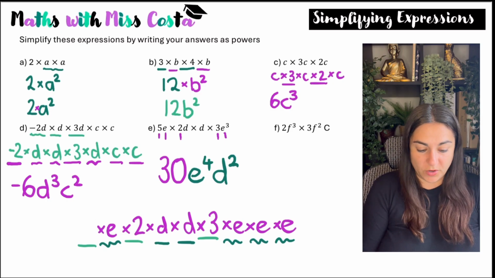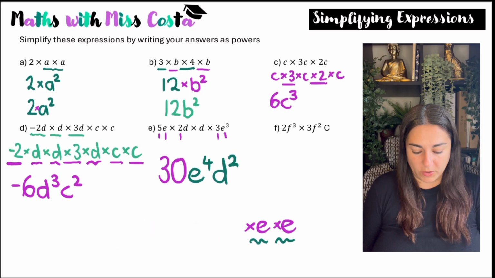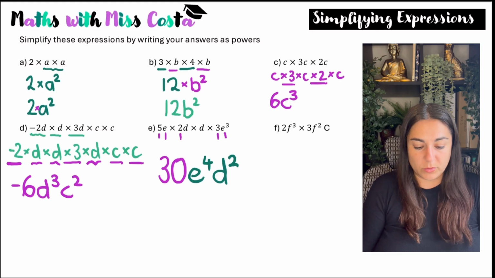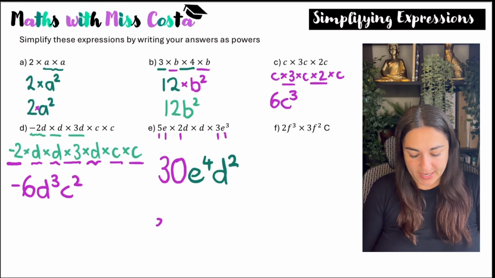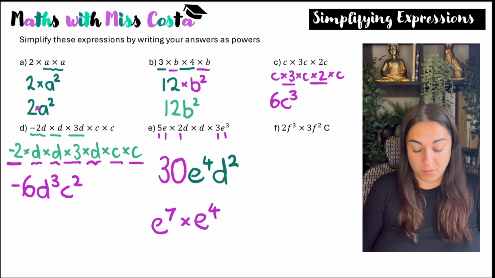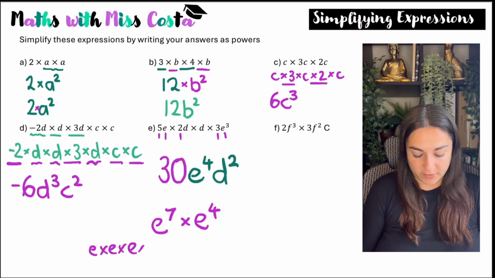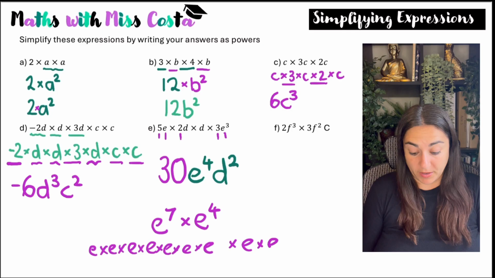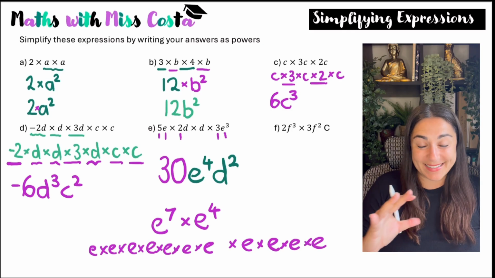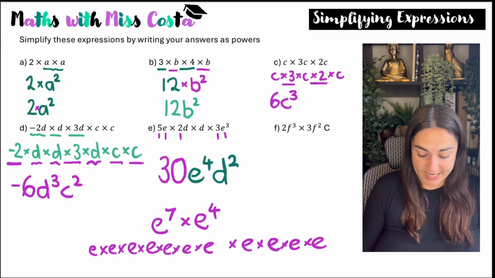Now the shortcut method, when we've got a lot going on, the rules for indices. So let's say we've got e to the power of 7 times by e to the power of 4. Instead of writing them out multiple times, so 1, 2, 3, 4, 5, 6, 7, times by 1, 2, 3, 4, if you remember, repeated addition is the same as multiplication.